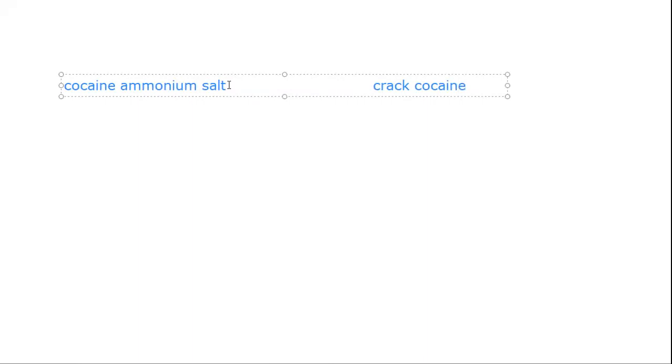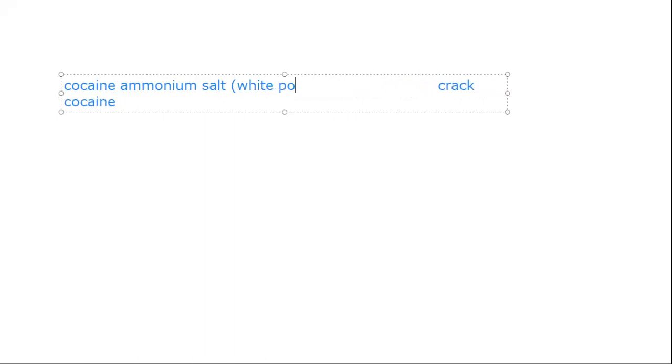Cocaine ammonium salt is a white powder. You guys saw that in movies, right? They are transporting white powder. Why is it a white powder? Because it's an ammonium salt.